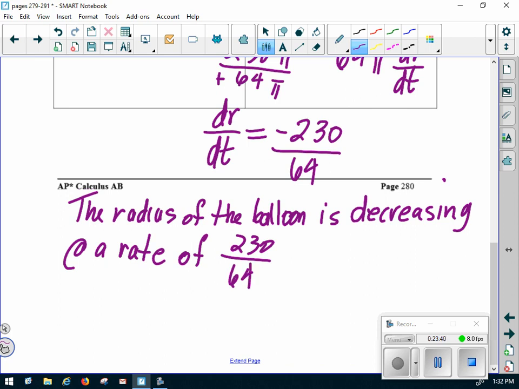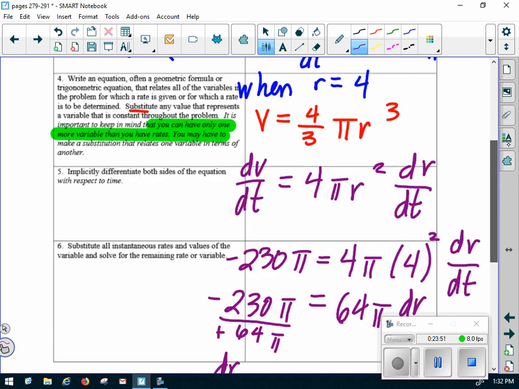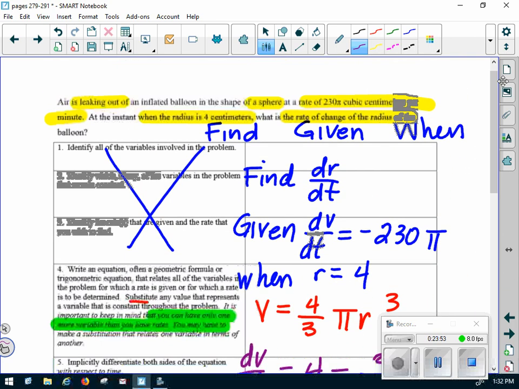230 over 64 what? What's my unit? Radius is just a length. Centimeters.